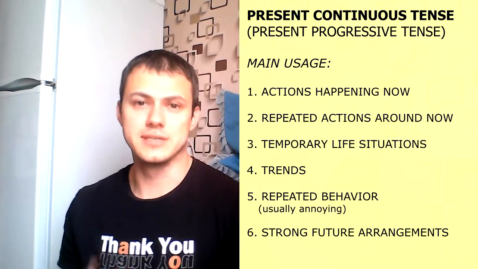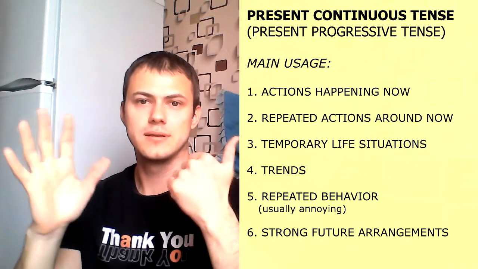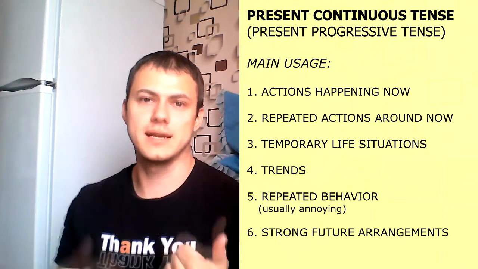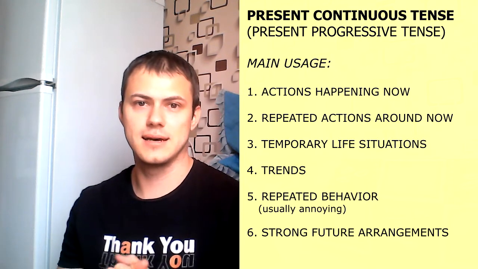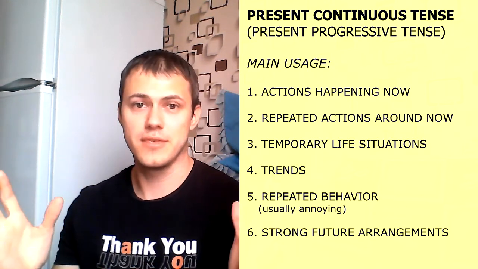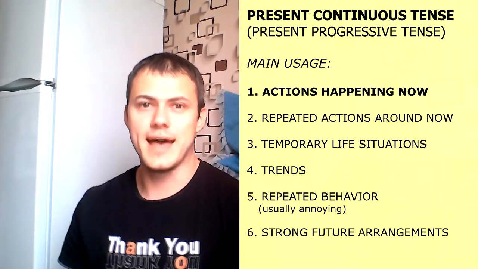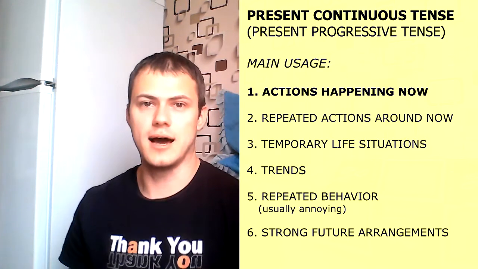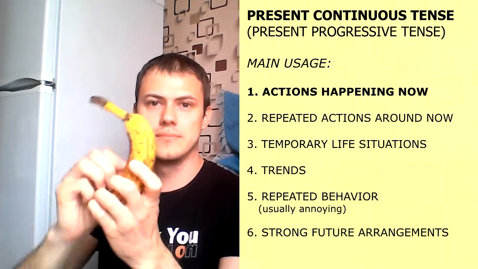So in this lesson, we learned 6 main usages of the present continuous tense. Let's remember them. First, physical actions that are happening right now. I'm peeling a banana.